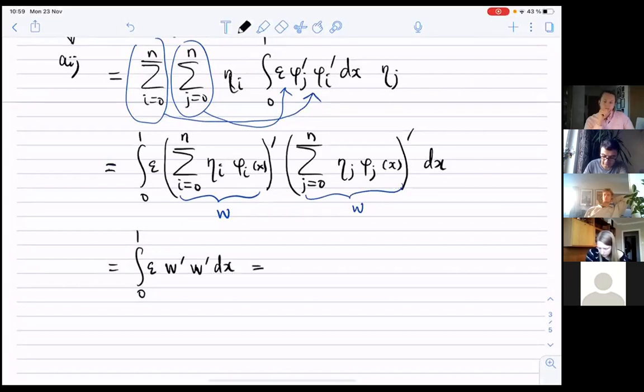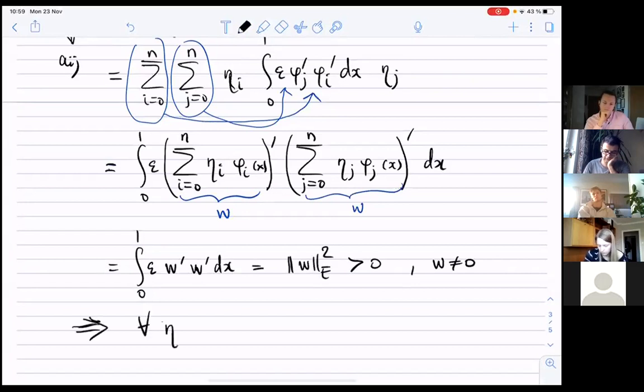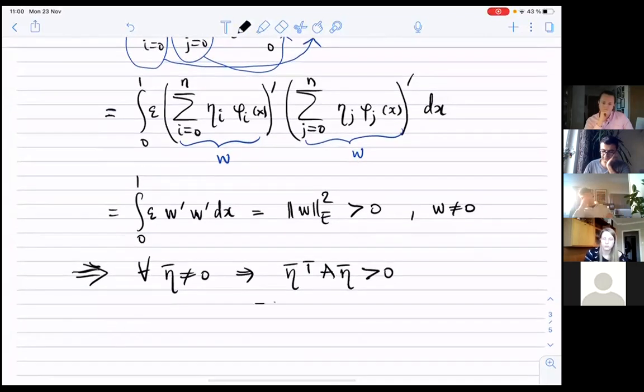And this is actually the energy norm of this W. And it is non-zero if W is non-zero. And it is actually positive because norm is positive. Okay, so we prove that for any non-zero coefficients, this product is strictly positive. So that gives that A is positive definite.